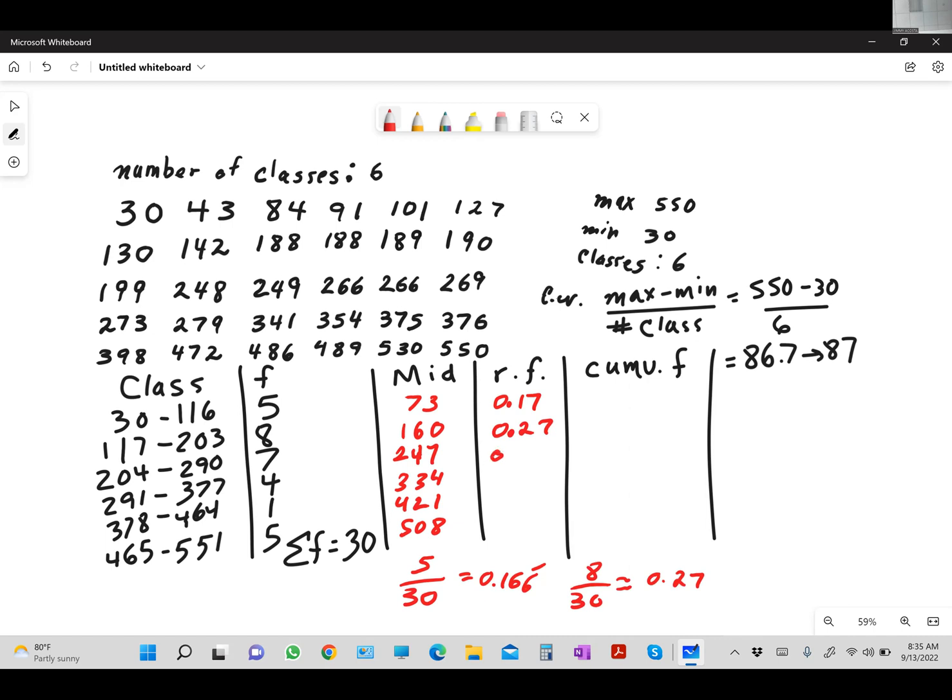So the next one is 0.23. 0.13. 0.03. 0.17.